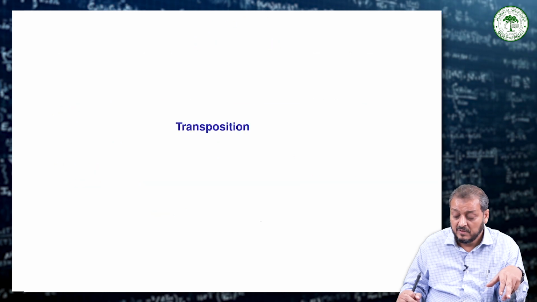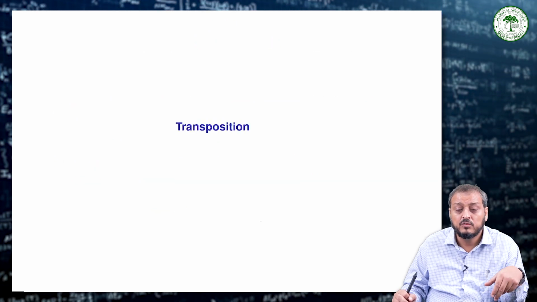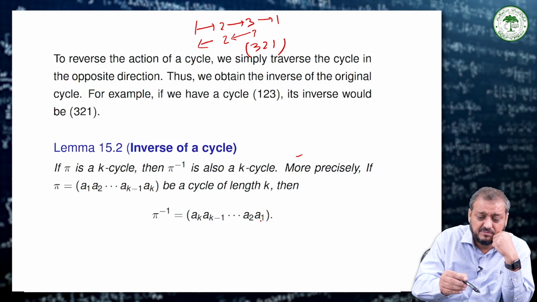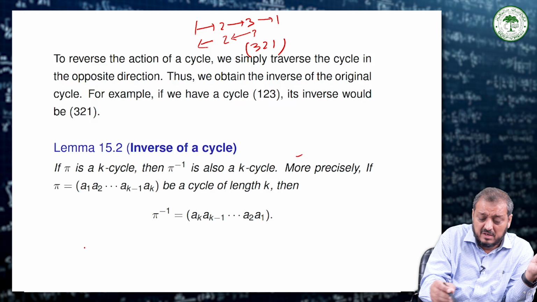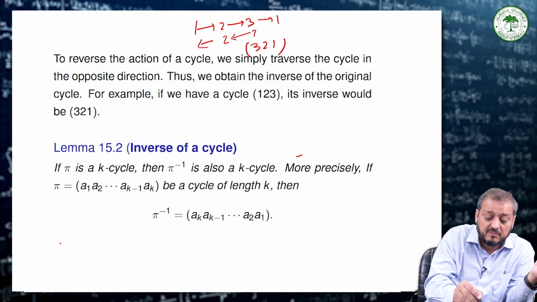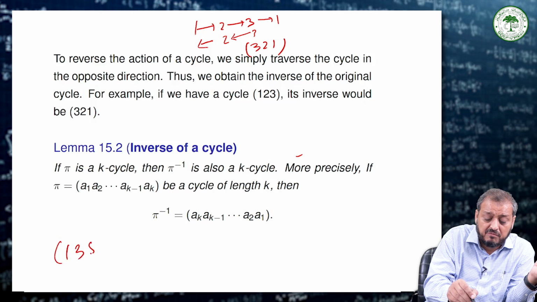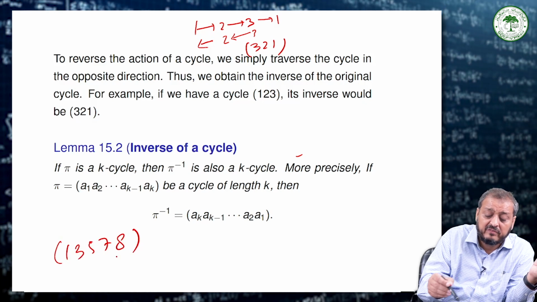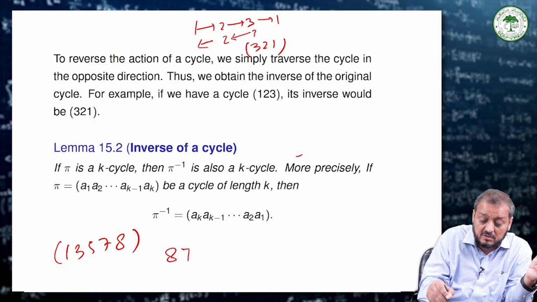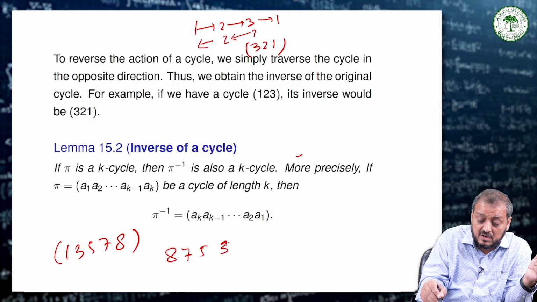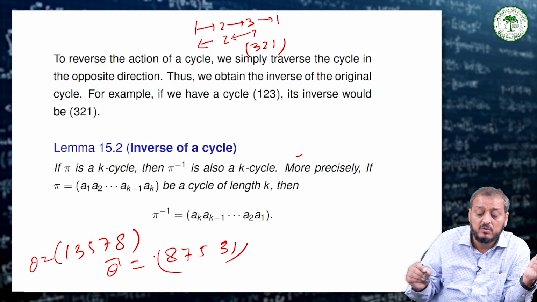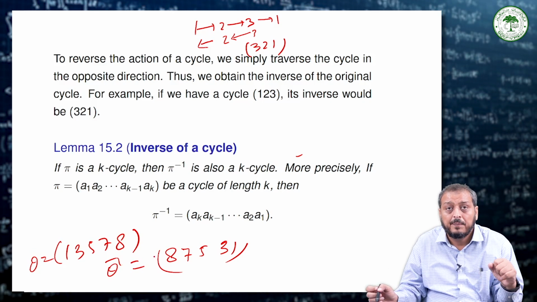For example, take any k cycle, say 1 3 5 7 8 in S8. This is the cycle, and the inverse of this is 8 7 5 3 1. If this is equal to theta, then theta inverse is equal to this form.